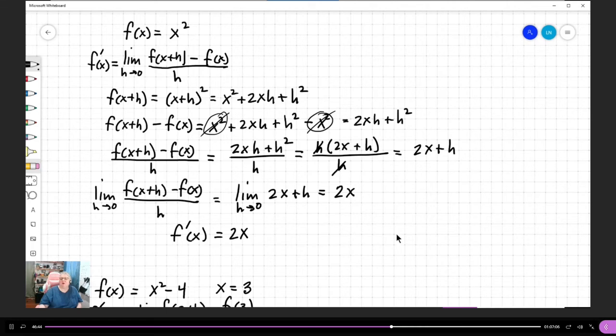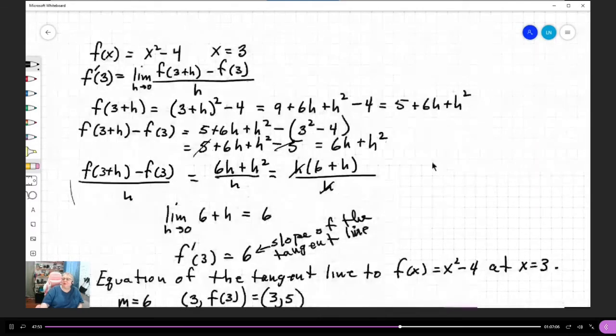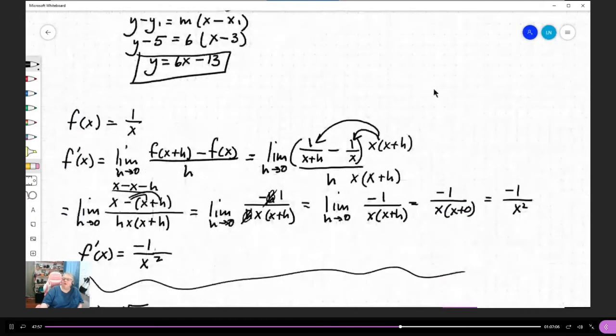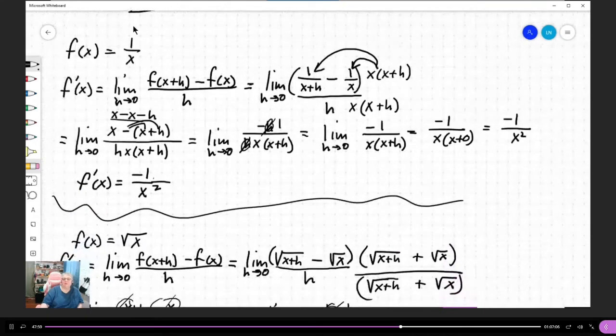If you see a problem where you're asked to take the derivative of x squared, you've gone through the steps to do that, and you got 2x. So that is the derivative of x squared. For this one, I can't make any conclusions because that was a specific function at a specific point. But how about this one?